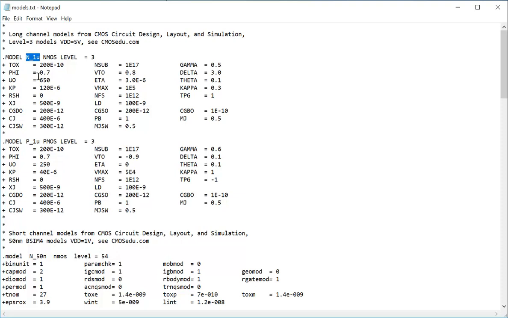Okay, keep in mind. Sometimes, I believe, the one you're going to use for Electric is, I think, the model file called C5_models. So I have to open it up and look at the model's name. It could be just NMOS instead of N_1U.